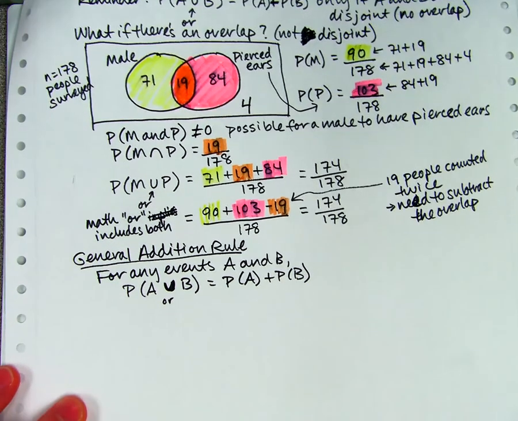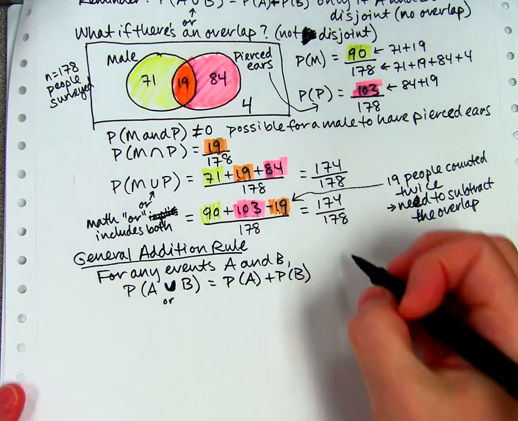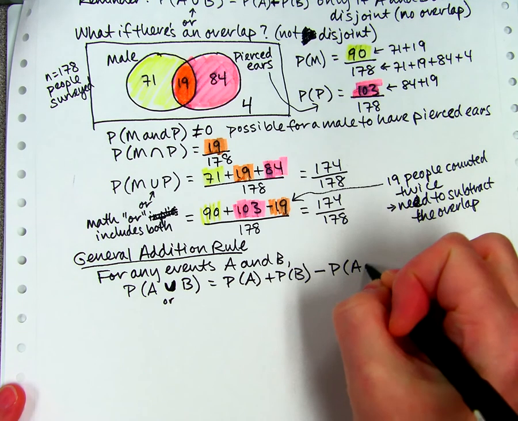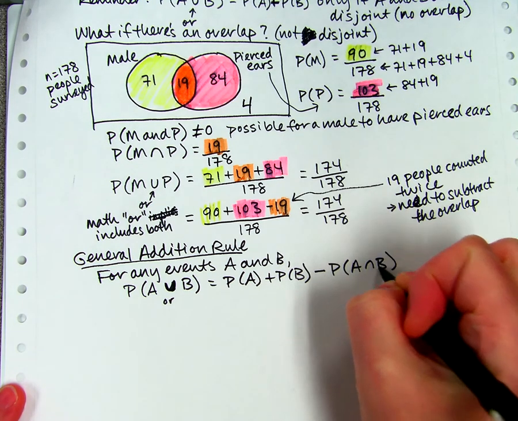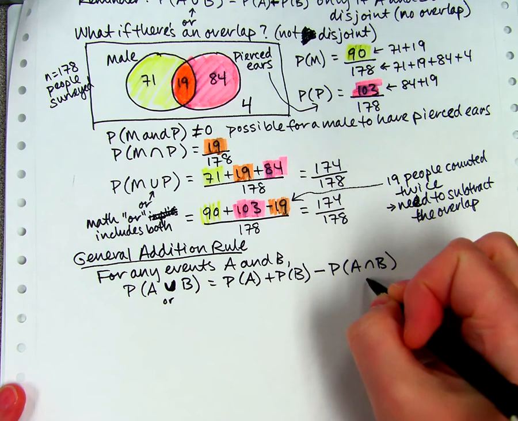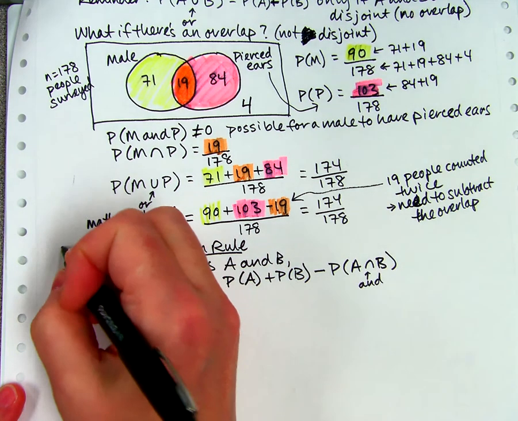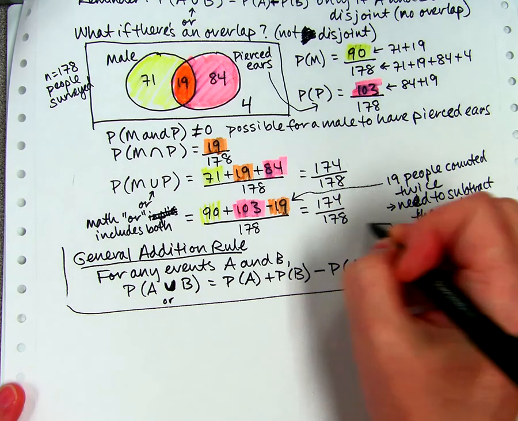I want to remember that that extra piece that's overlapping needs to be subtracted, and that's the probability of A and B, or in other words, A plus B minus both. This is and that is the general addition rule that works for all events.